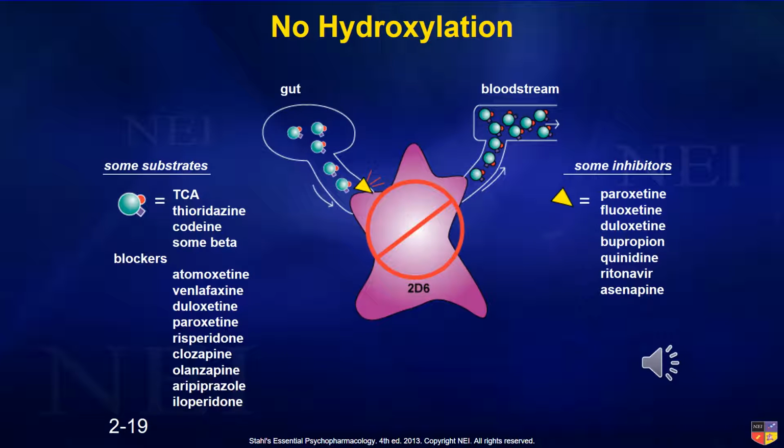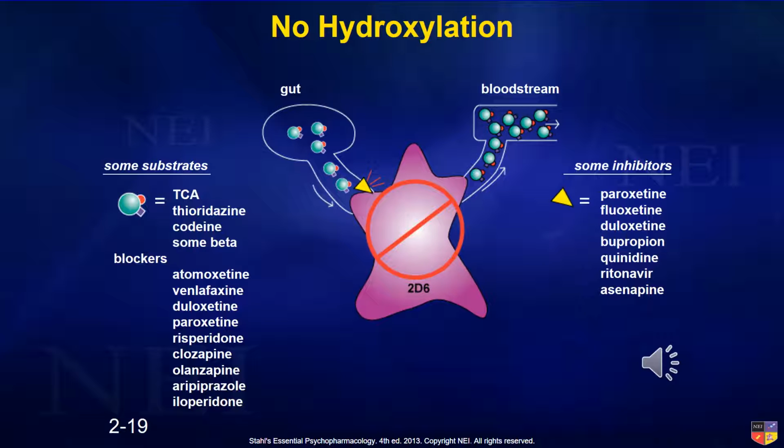At the top of this slide, you see the fancy word hydroxylation. That is part of the process of what an enzyme does as it works on a substrate of medication to break it down. Now, on the far right side, you see some inhibitors. Those are the medications, paroxetine, fluoxetine, etc., that can bind to the enzyme.